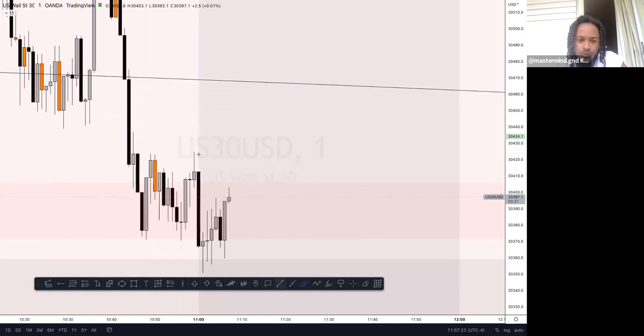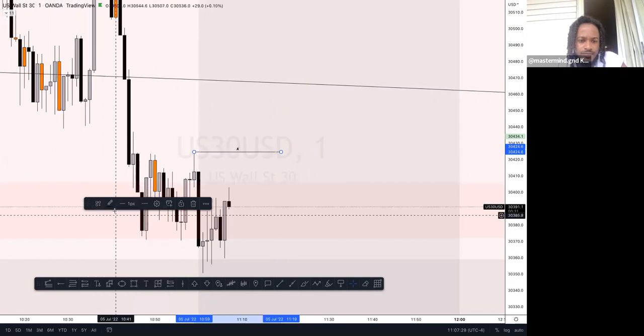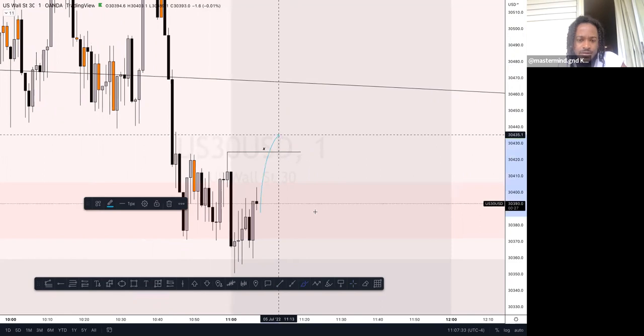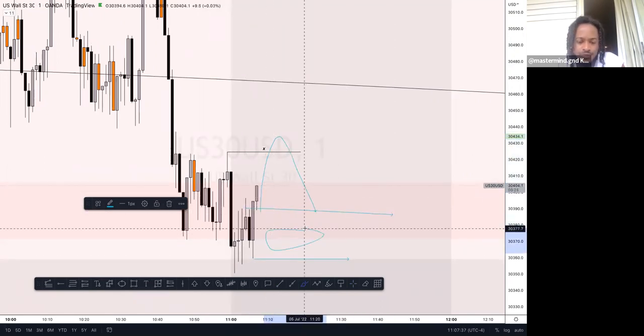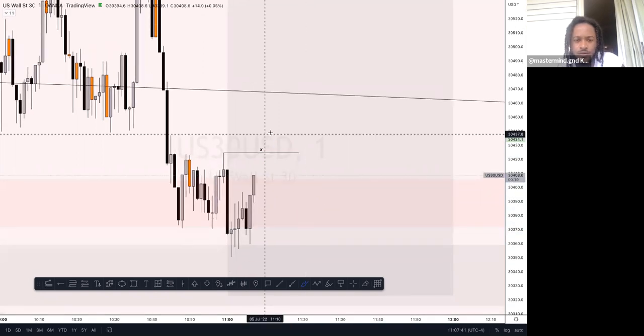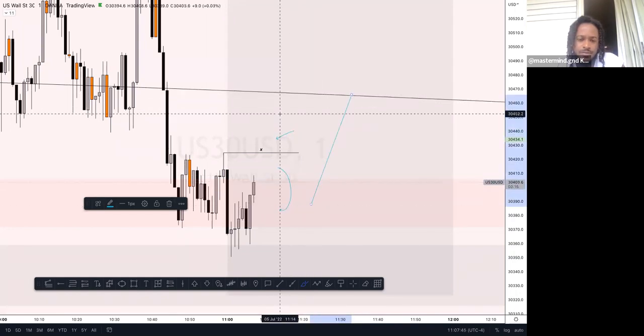So what we're gonna do, we'll wait for this area to get broken, right? Once it's broken, then we buy at the zone responsible, which most likely is going to be this one. Or we buy here, and then if it goes back, we buy again to continue up, right?